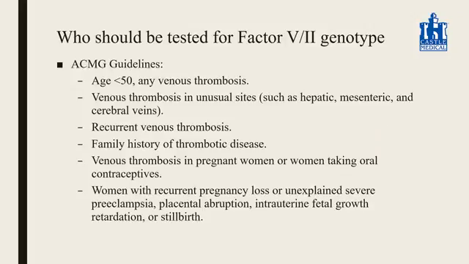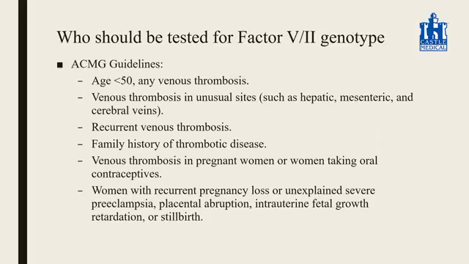Now, who should be tested for factor V and factor II? Again, not everybody is recommended. As per the American College of Medical Genetics, ACMG guidelines, only those who have family history or personal history of venous thrombosis should be tested.